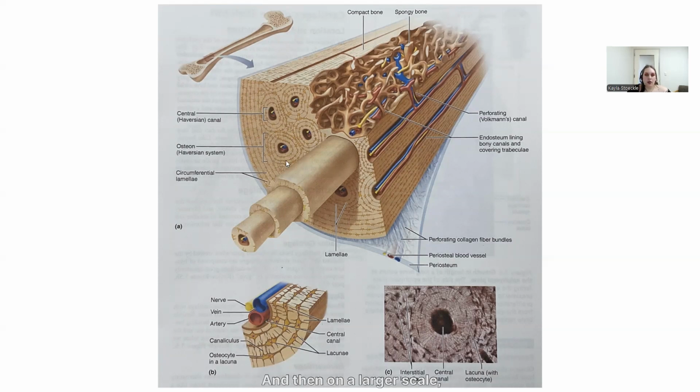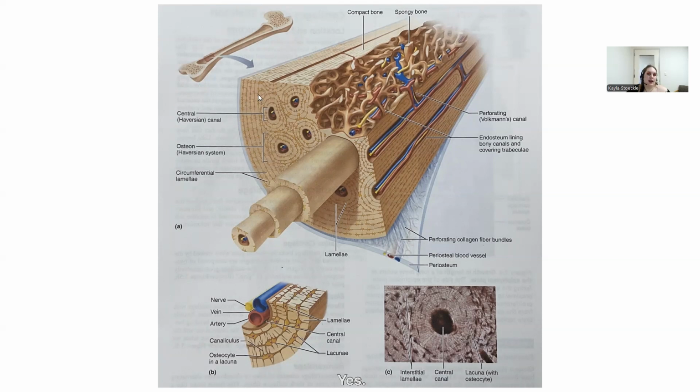And then on a larger scale, you have the outermost compact bone has its own set of lamellae called the circumferential lamellae. And these each have lacunae with osteocytes inside of them.